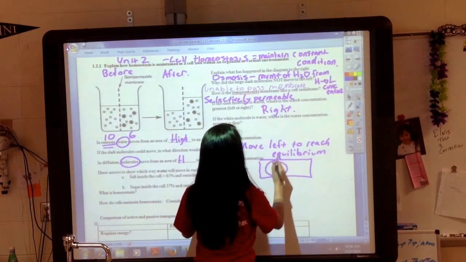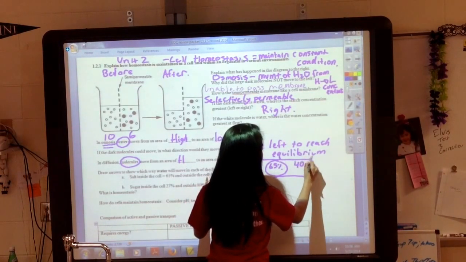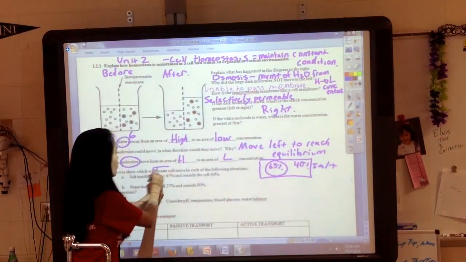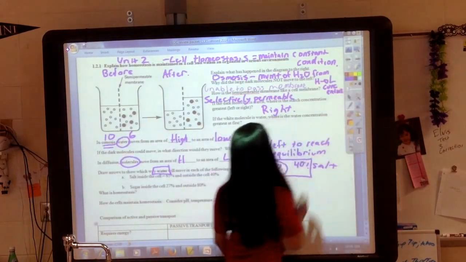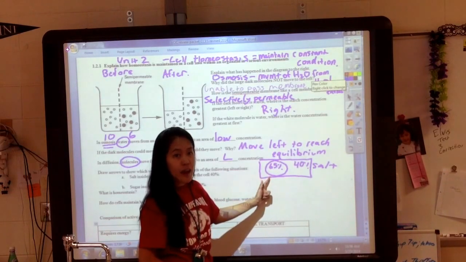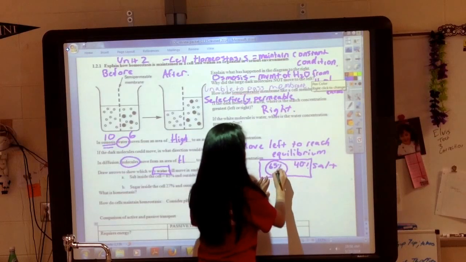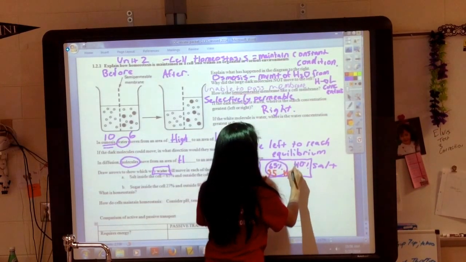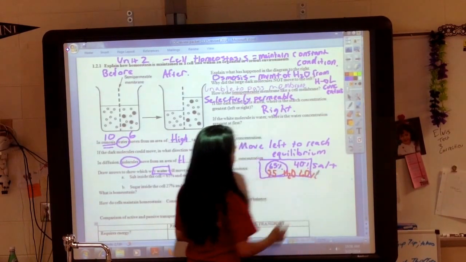Here's my cell. Inside I have 65% salt. Outside I have 40% salt. It's asking you which way will the water move. They gave me the salt, not the water. And so what would I do to figure out how much water is in the cell? You should subtract from 100. So 100 minus 65 would be 35% water inside the cell, and then 60% water outside of the cell.